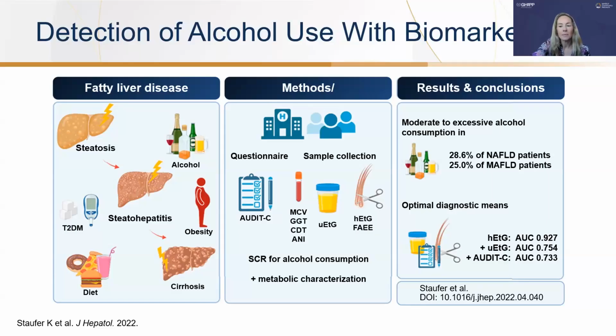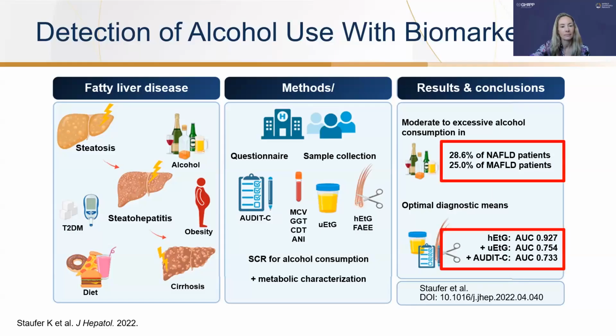And basically, what they found is that a substantial portion of these patients, about 25 to 29% with presumed MASLD, were actually at risk for alcohol-related liver damage with moderate to excessive alcohol use when they actually base this upon objective biomarkers. So it shows us that we can't rely just on patient reporting. Patients tend to underreport alcohol use. And so in addition to these questionnaires like Audit C, we really need to use objective biomarkers in assessing for alcohol use and quantifying alcohol use.